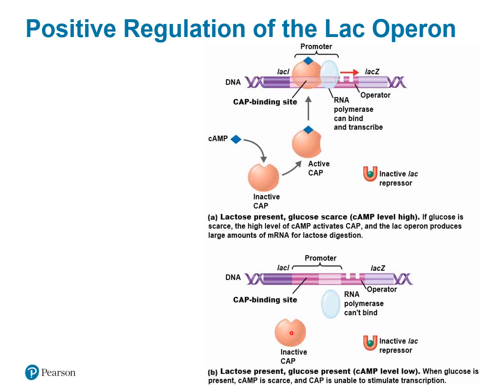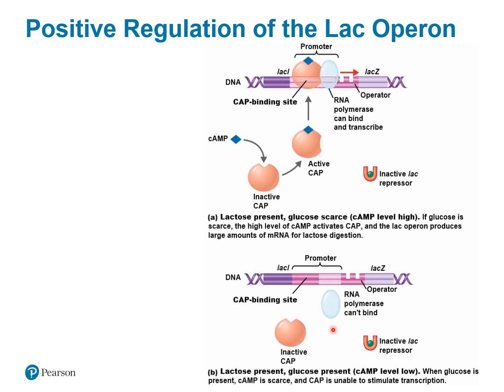And without that CAP protein binding to that binding site within the promoter, the RNA polymerase is not going to bind, and therefore the proteins needed to metabolize lactose are not going to be present. So as you can see, the lac operon is regulated by two things.